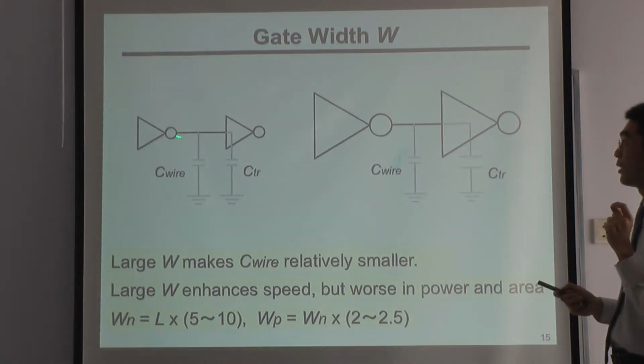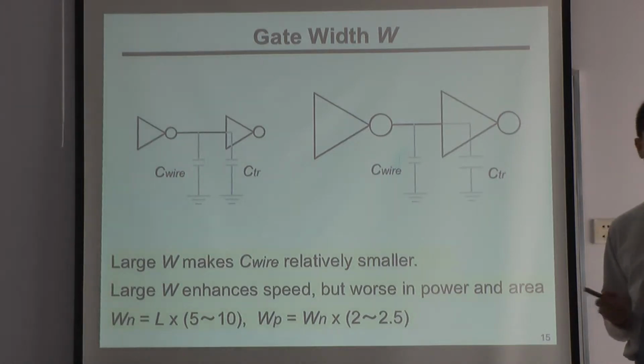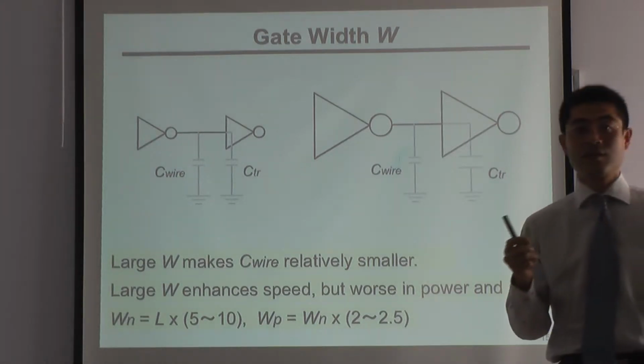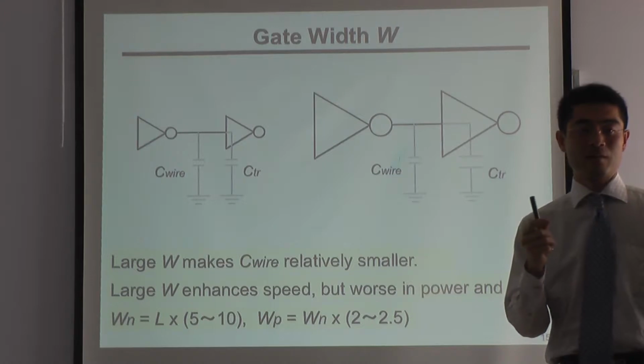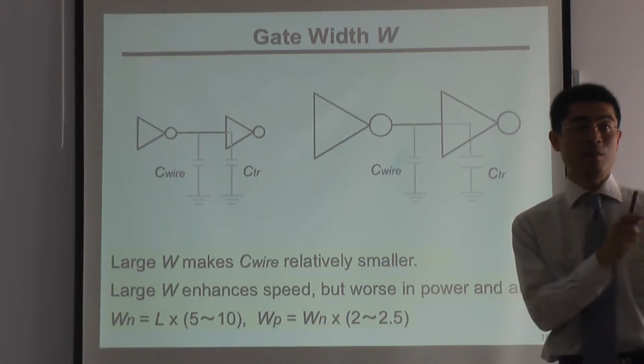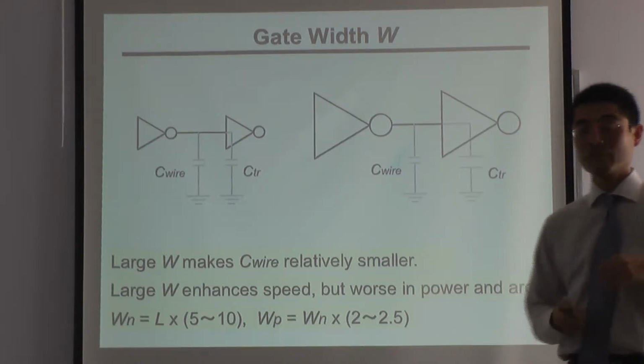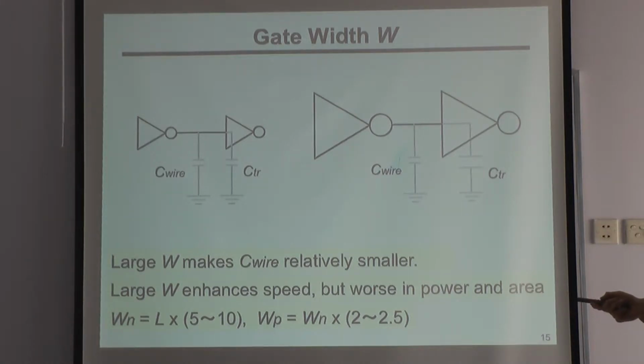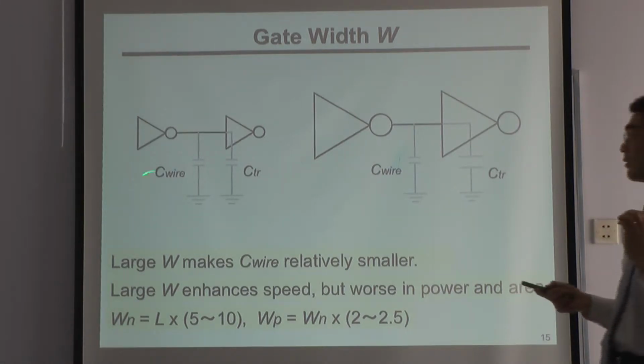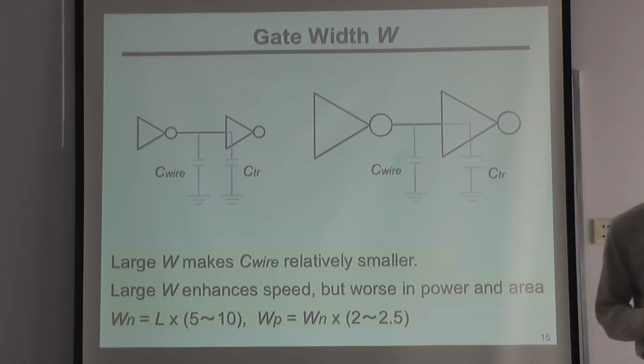However, once we assume there is a wire here and there is a wire capacitance, and the wire capacitance is the same, independent of the transistor width, the wider W makes the wire capacitance relatively smaller.